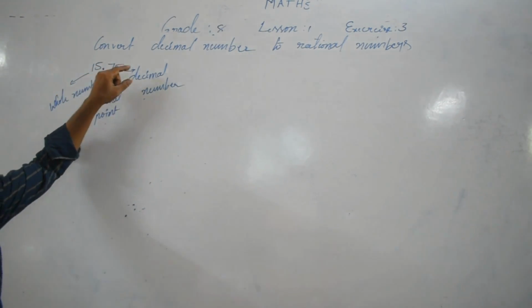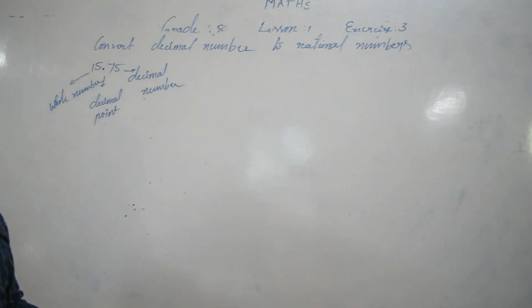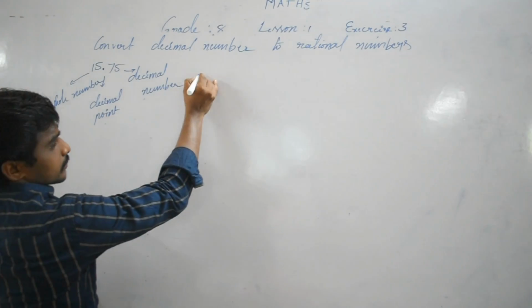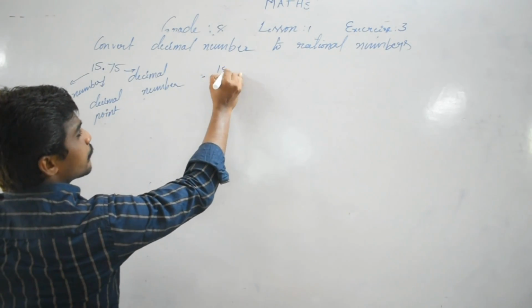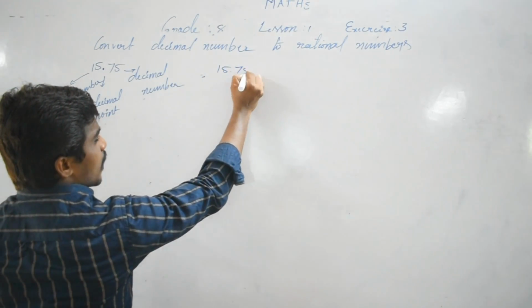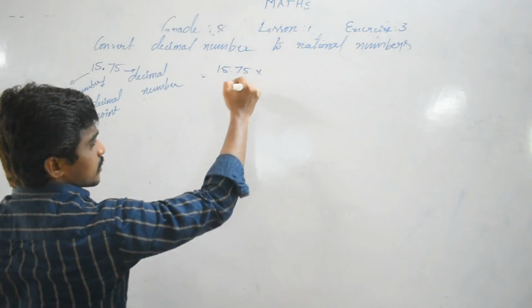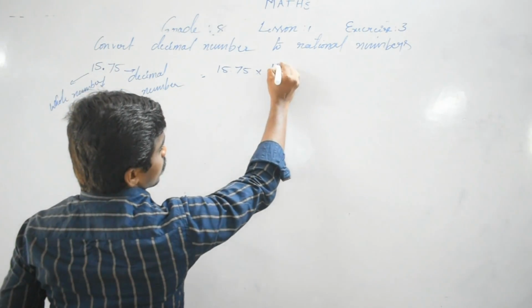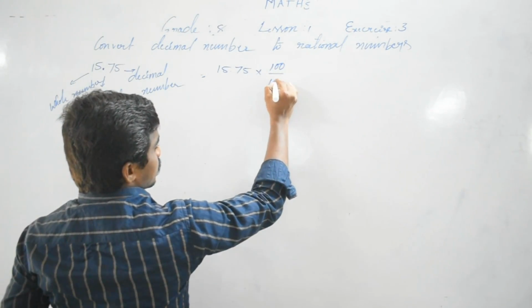15.75. How to convert it to a rational number? So here, see, 15.75 times 100 by 100.